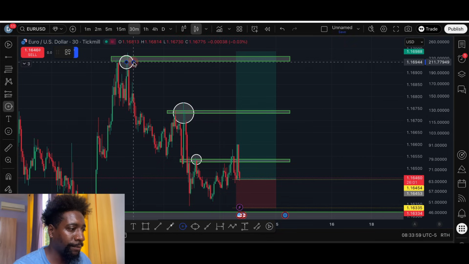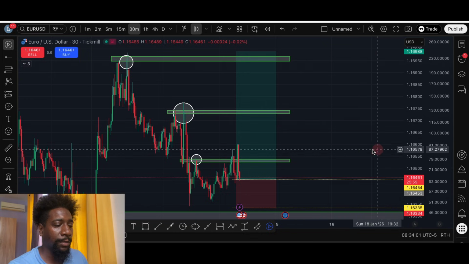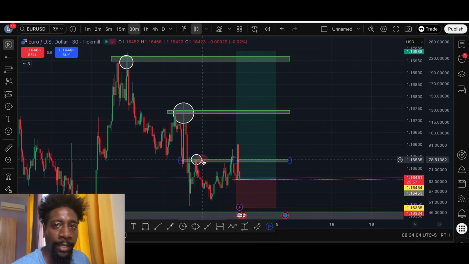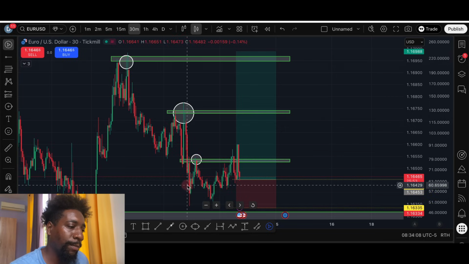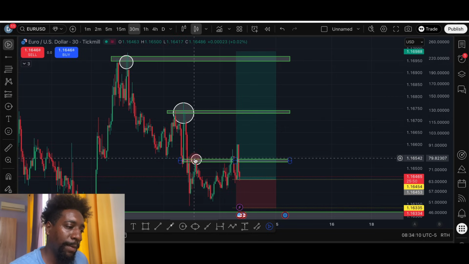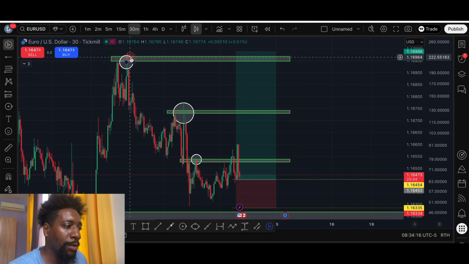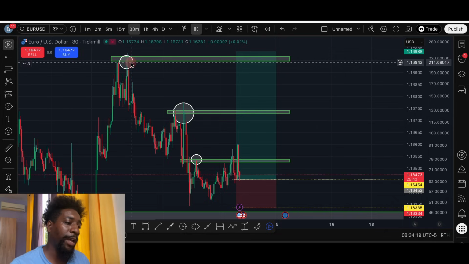And this is the area for take profit 3. So as you guys see, it's like a ceiling that's happening. So it's called like a resistance, where price will go up and bounce back down. Price will go up and bounce back down. So those are my take profit areas.